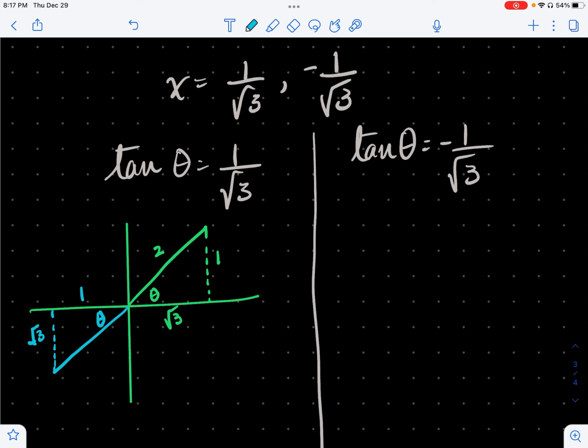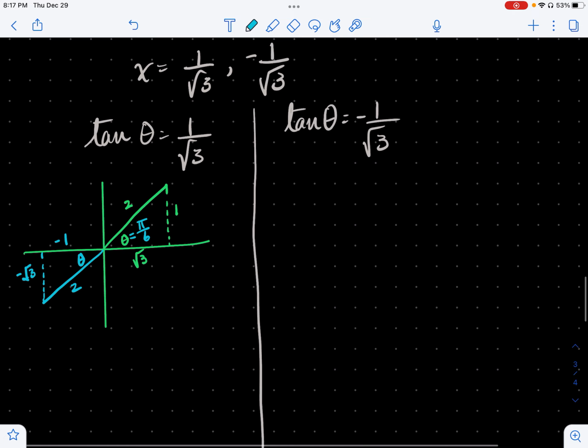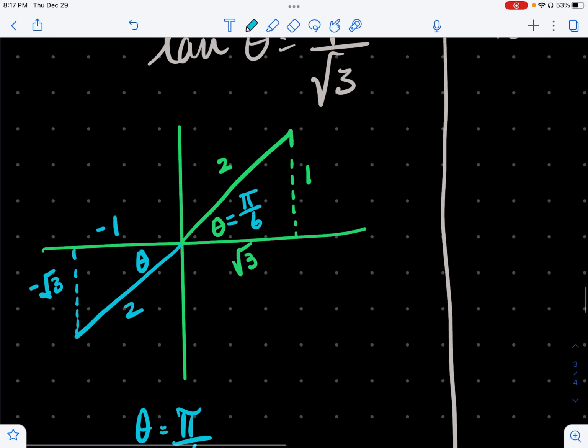But if you notice, this is still positive, but I'm in third quadrant. I'm supposed to put this with both of them because the ratio will still turn out to be positive, and hence this would be positive. Now the only thing is this theta would equal, since this angle is opposite to 1, this theta would equal pi over 6. So 1 of my theta is pi over 6. And over here, this is also pi over 6, but that's the reference angle.